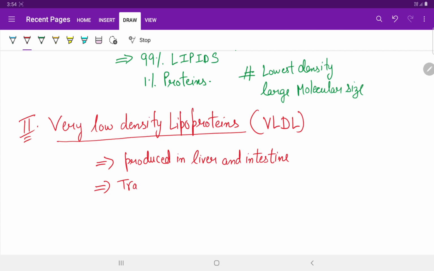So, they help in transport of endogenously synthesized triacylglycerols.